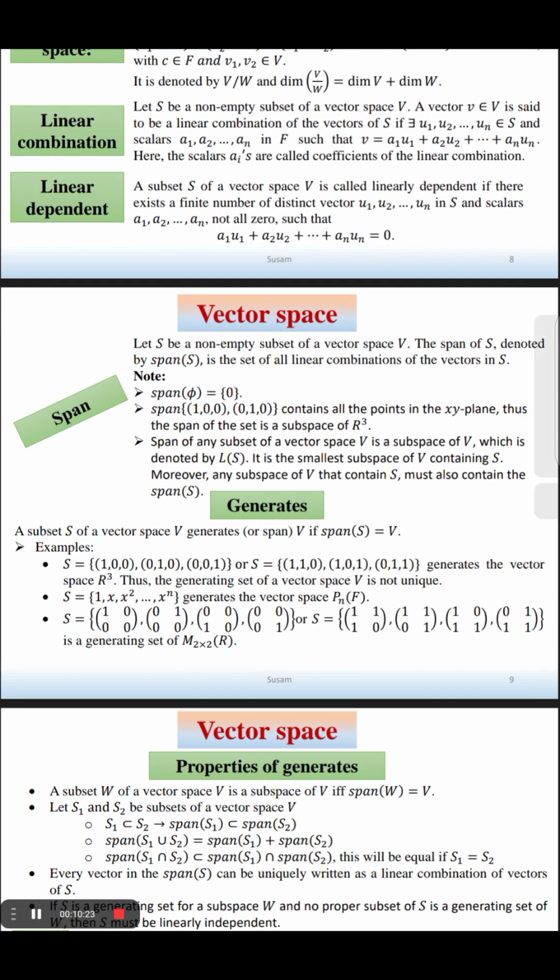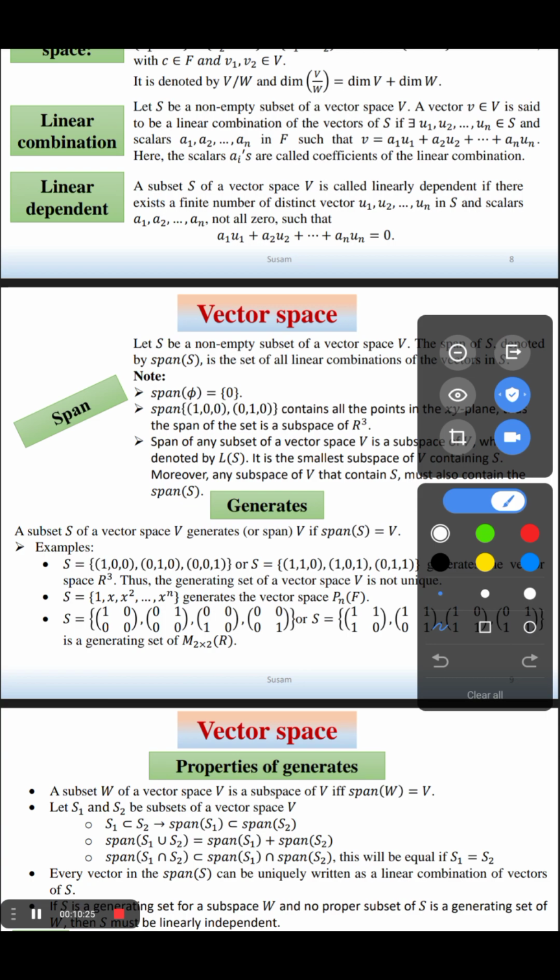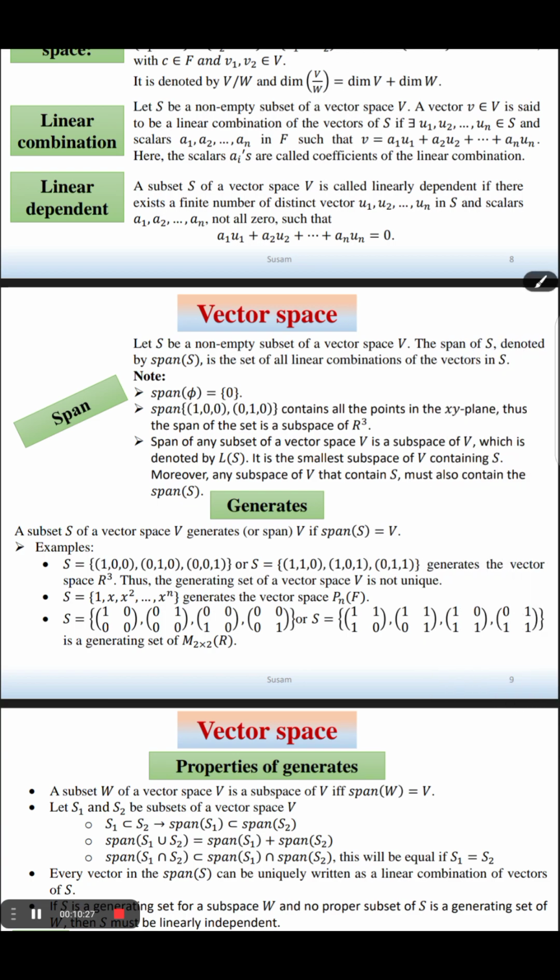This slide tells about spanning and generates. What is spanning? You know about linear combinations. The set of all linear combinations of the vectors in S is called the span of S. So the set of all possible linear combinations is called the span.